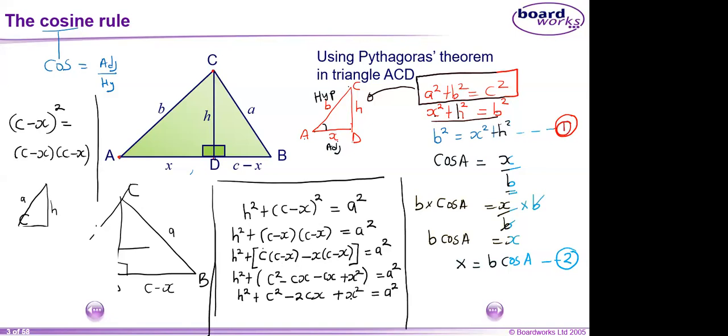So I want to bring this X squared to be close to H. I want to write H squared plus X squared plus C squared minus 2CX is equal to A squared. Members, is that part okay? Yes. Okay. Now, what are you going to notice?